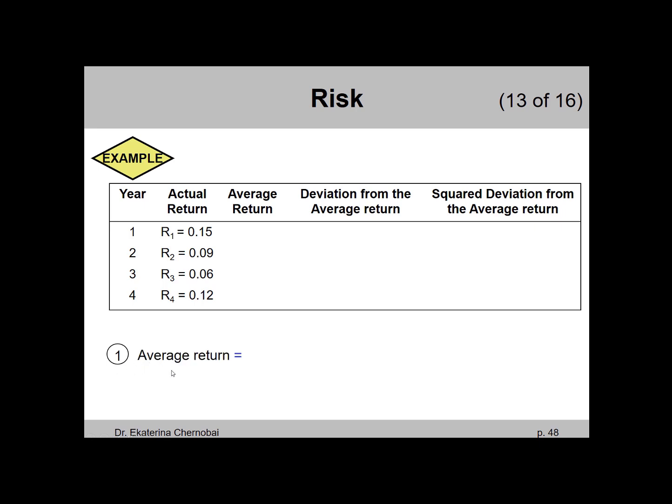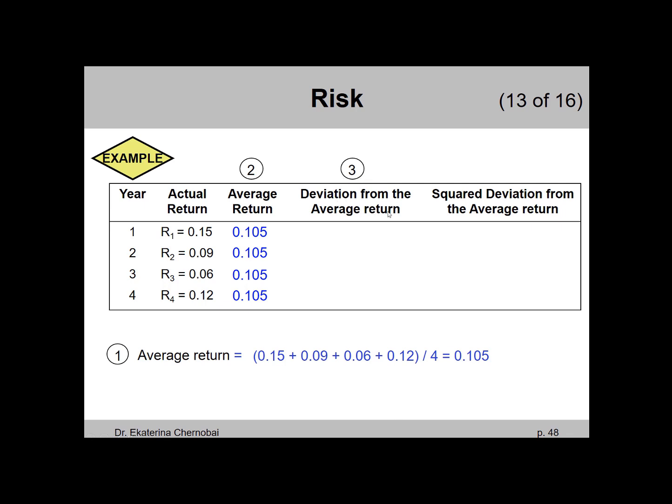Simple average, which we also call the arithmetic average. We add them up, divide by 4, and get 10.5. Then, to help us with the remaining calculations, we can copy and paste this result next to each return in our table, 10.5%.